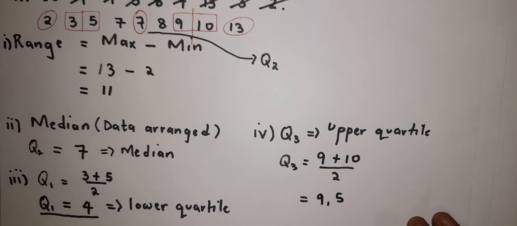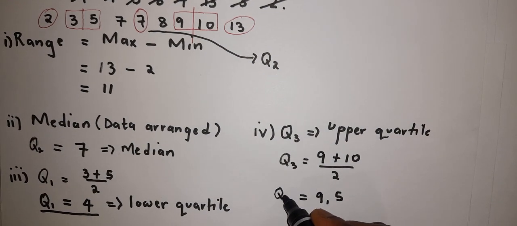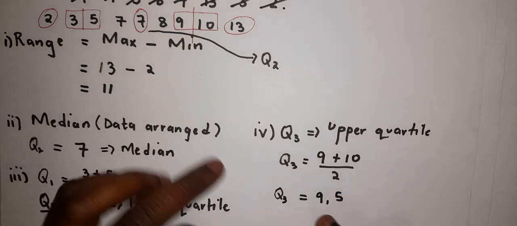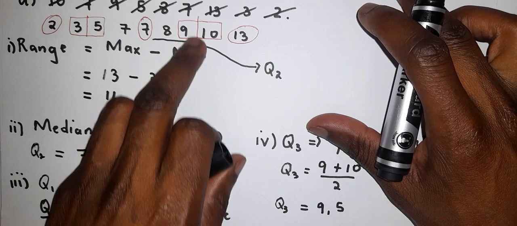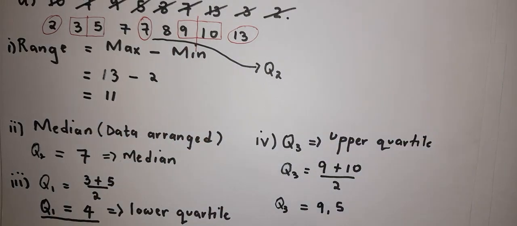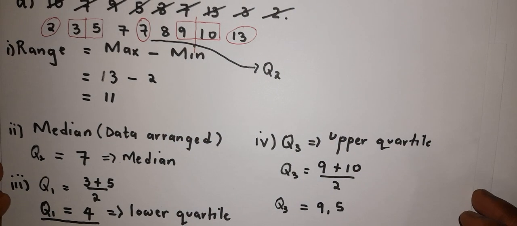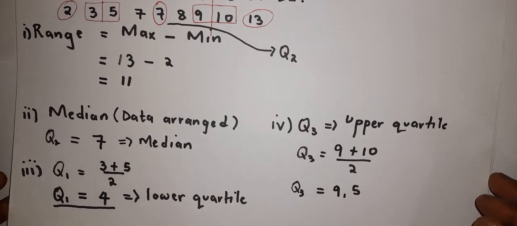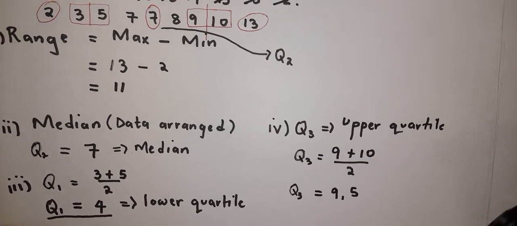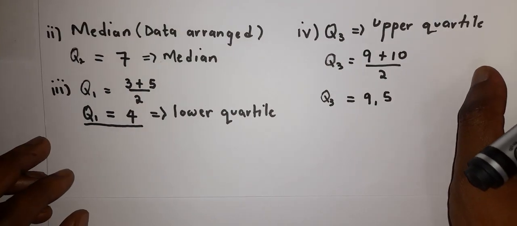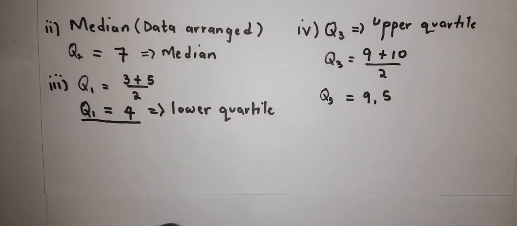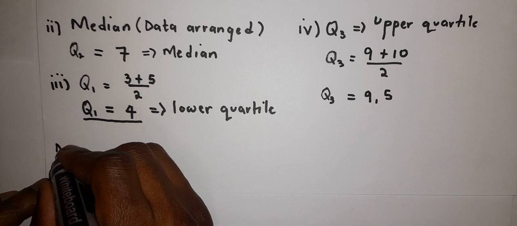Then if we check, this is our Q3. Our Q3, therefore, is 9.5, which means it's greater than 9 but less than 10. Definitely, this 9.5 qualifies. That's how you find Q1, Q2, Q3, as well as the median and the range.